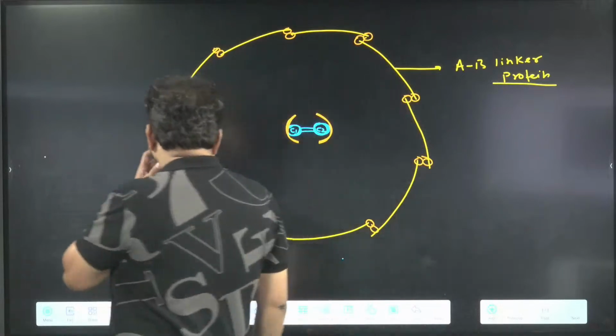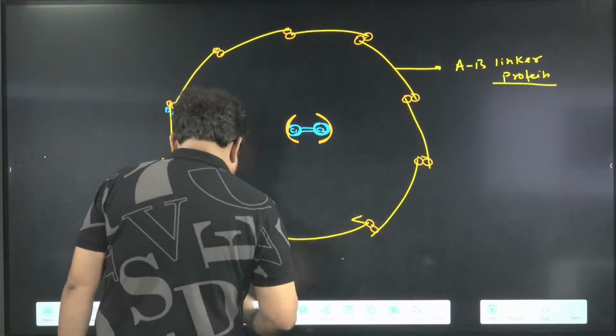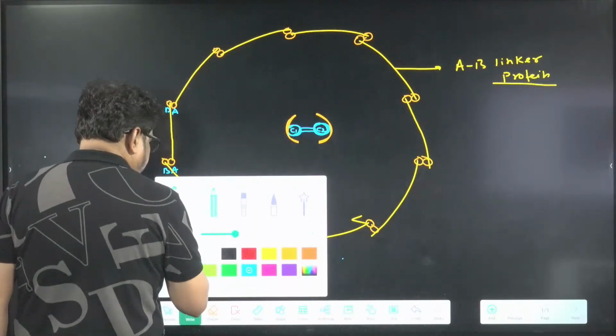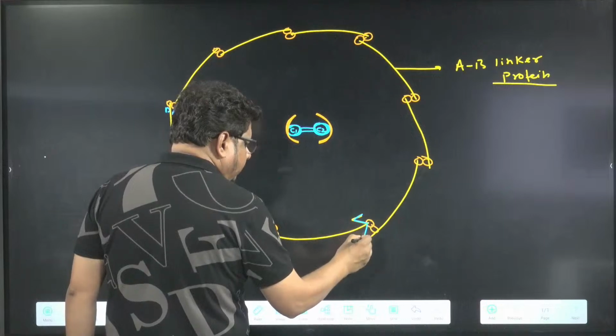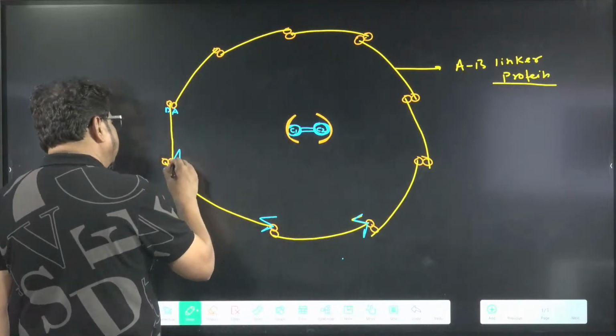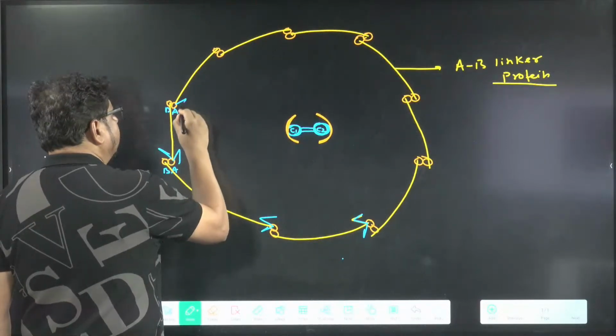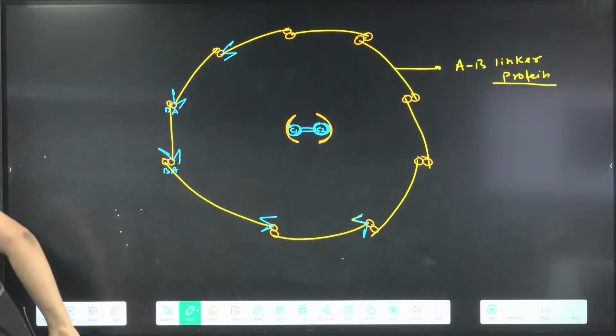Got the idea? But with every A, arms are arising. With every A, arms are arising. It is the inner arm, it is the outer arm. Inner arm, outer arm. Getting the things or not?